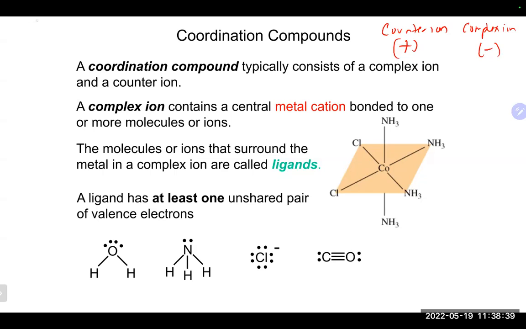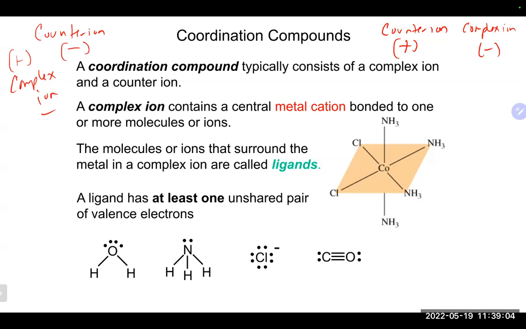And vice versa, you could have a counter ion that is negative to balance out the positive charge of your complex ion. So counter ions and complex ions could either be positive or negative. Really, the counter ion is just there to balance out the charge to get us to 0.